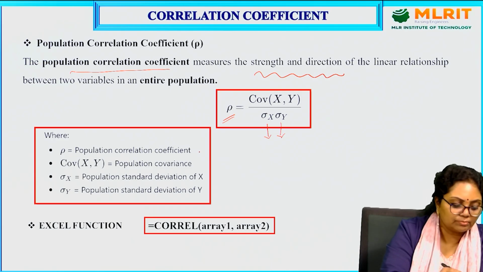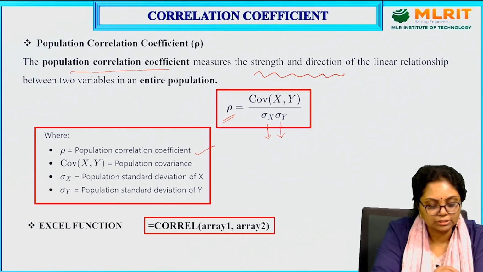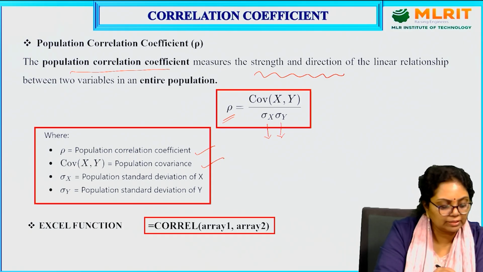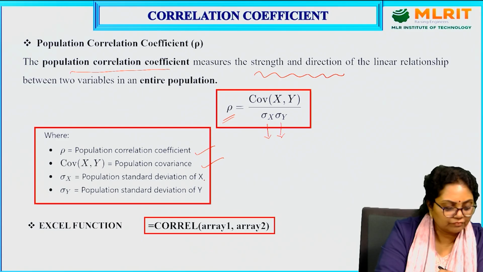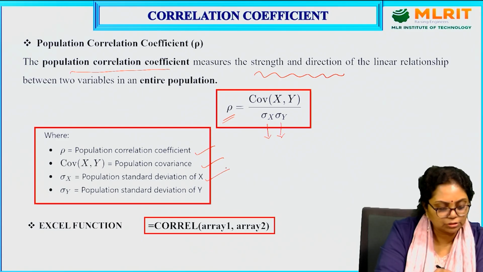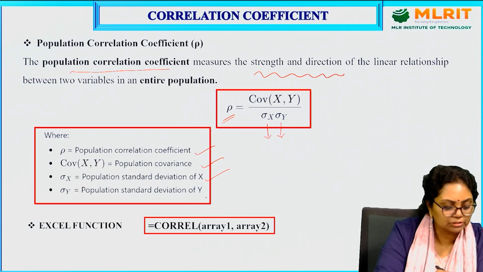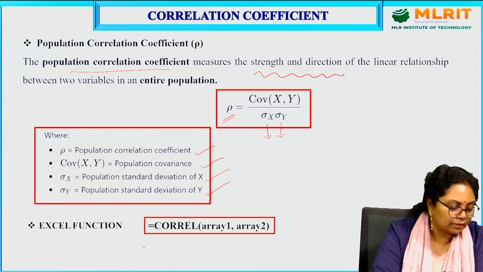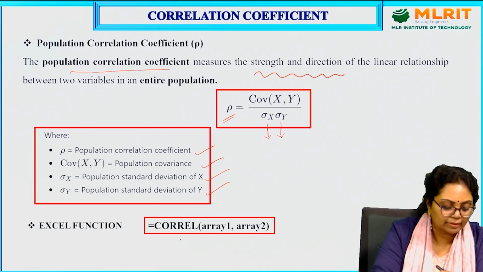So where rho stands for population correlation quotient, covariance of x and y is nothing but the population covariance, sigma x is the population standard deviation of x, and sigma y is the population standard deviation of y. And now the Excel function we have by default.